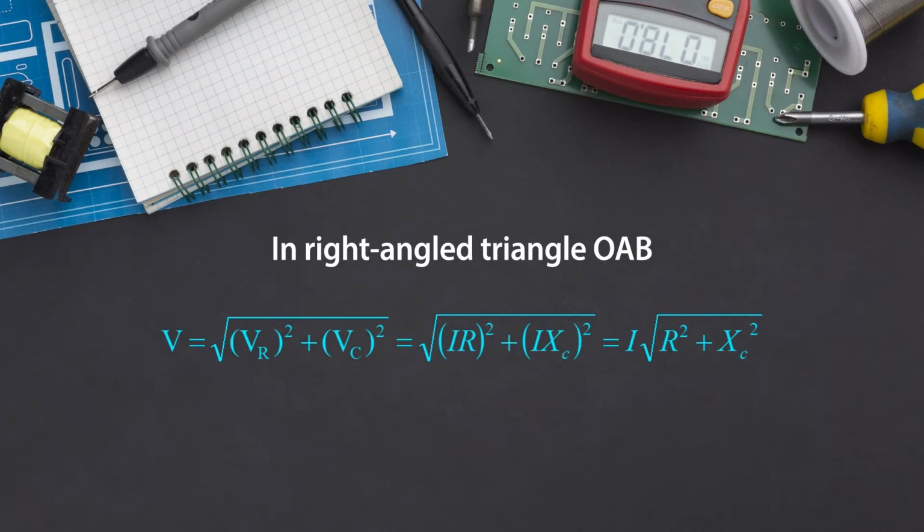Here you can see this I square is a common term in (IR) whole square and (IXC) whole square. Just take out I from the under root. So the voltage V applied across the RC circuit can be written as V equal to I under root R square plus XC square.